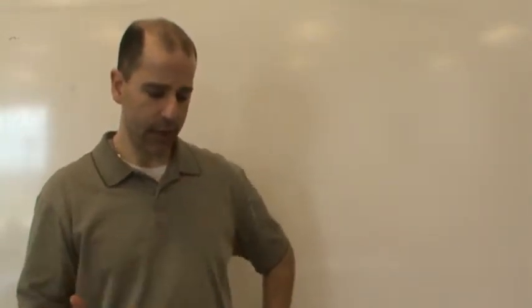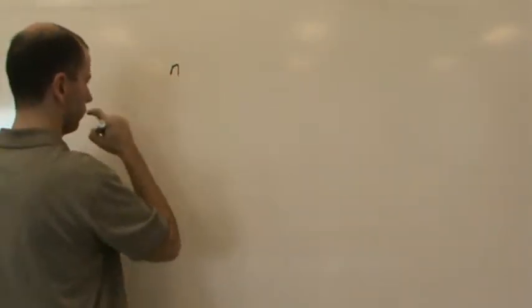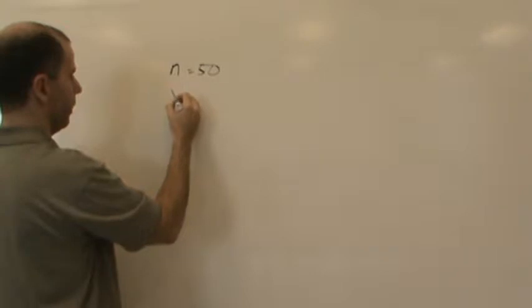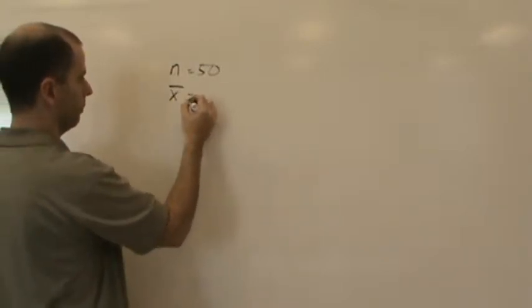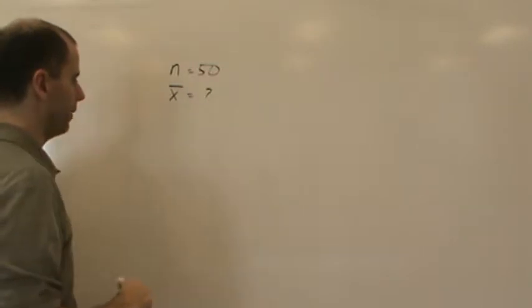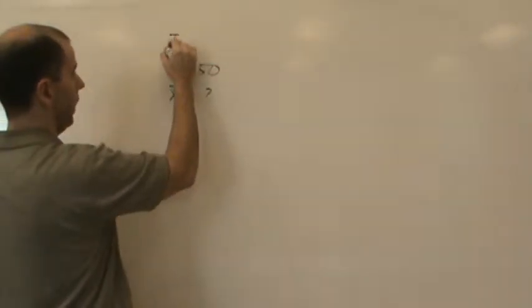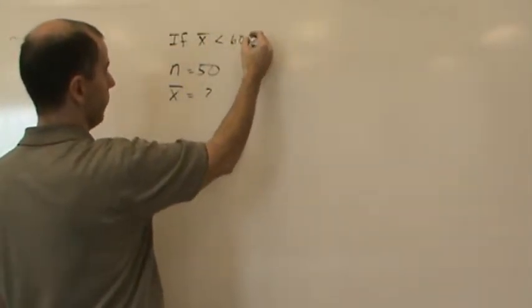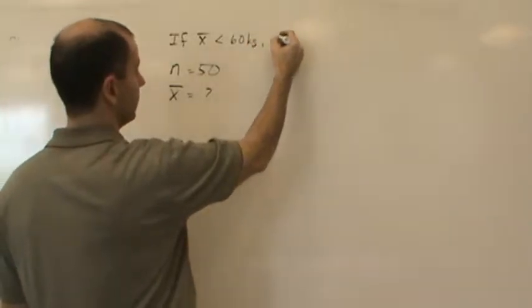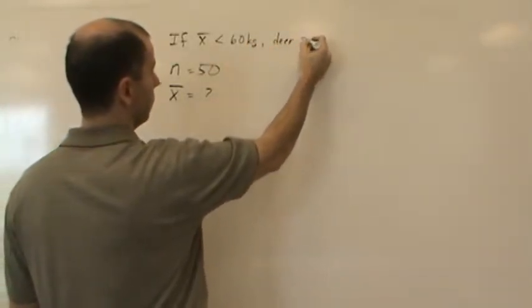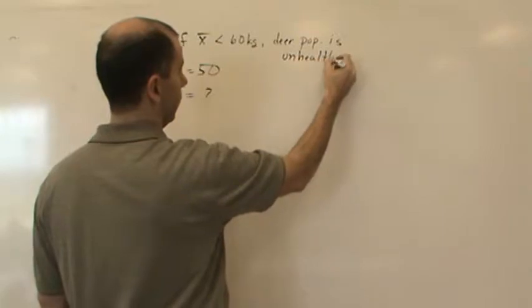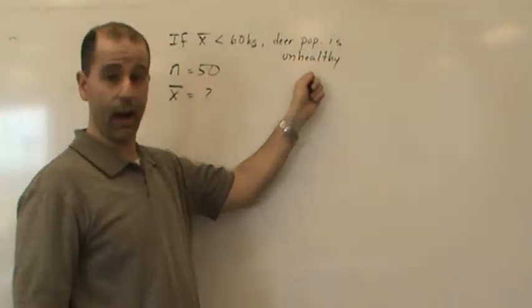So in Chapter 7, we took a random sample of 50 deer, and we found the sample X bar, and we said, here's the rule: if X bar is less than 60 kilograms, then our conclusion is that the deer population is unhealthy. That was the rule.